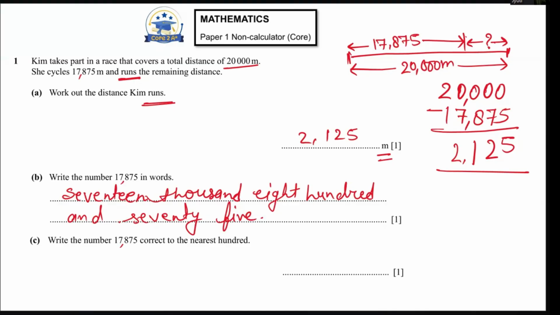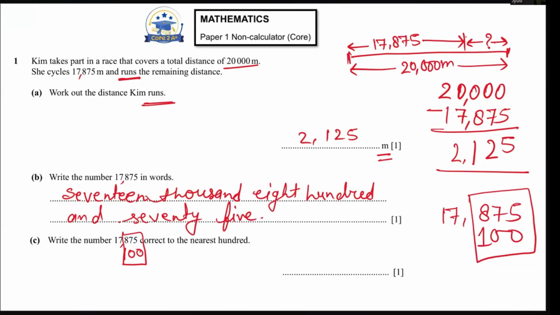Nearest 100, so just compare with the hundreds part and focus only on that part. Suppose we have the number 17,875, rounding to the nearest 100. The middle number from 800 to 900 is 850, right? If the number is 850 or more, we round up to 900.